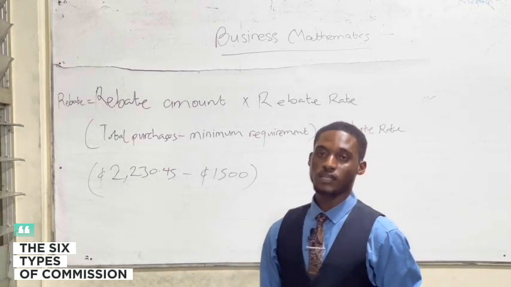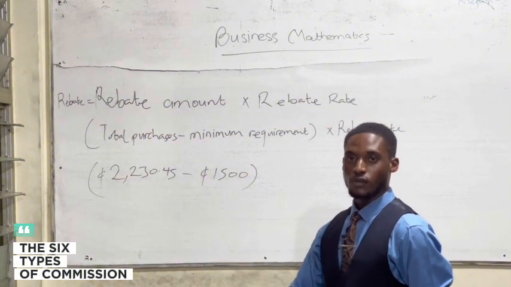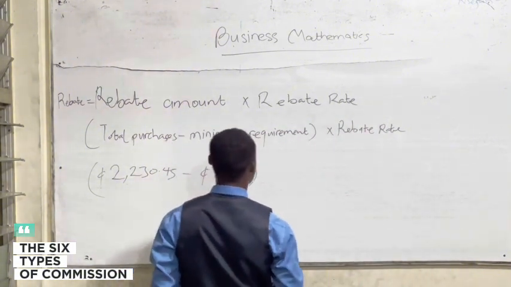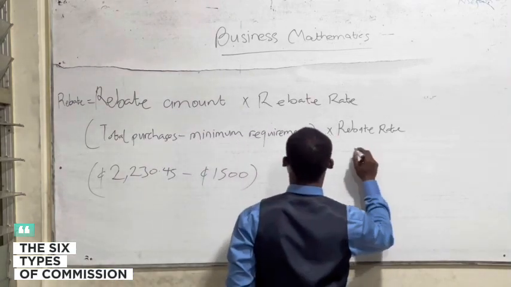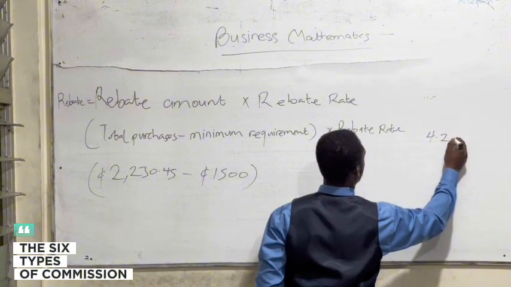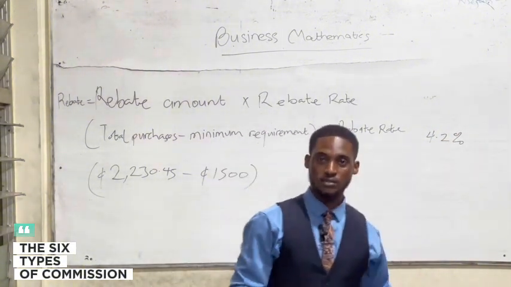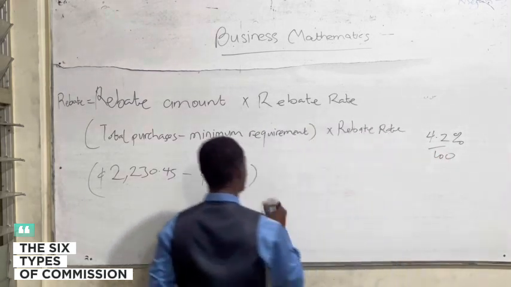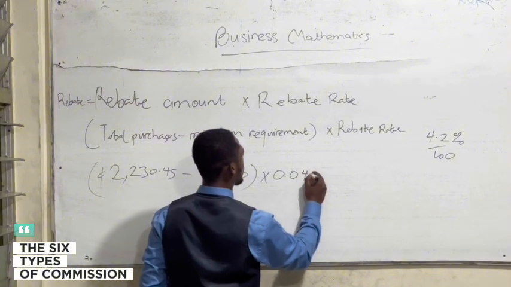The 4.2% must be divided by 100 to bring it to actual decimal. We have to bring it from percentage to actual decimals, so we divide it by 100, which gives 0.042.